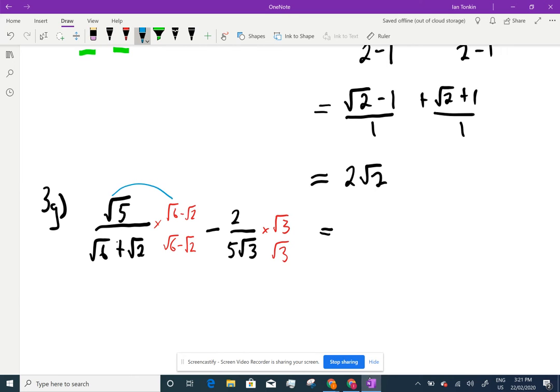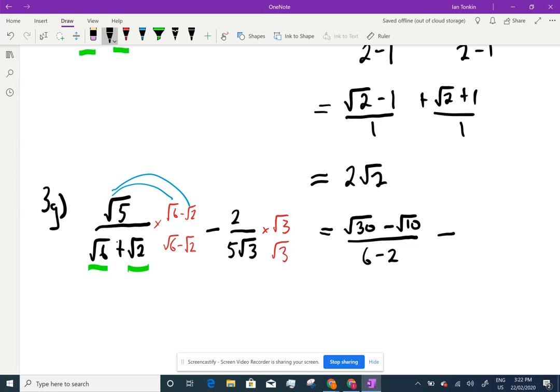So the first one, root 5 times that, and root 5 times that. So root 5 times root 6 is root 30. And root 5 times root 2 is root 10. It's a separate fraction, and then I get that squared minus that squared. Well, root 6 squared is 6, root 2 squared is 2, 6 minus 2.